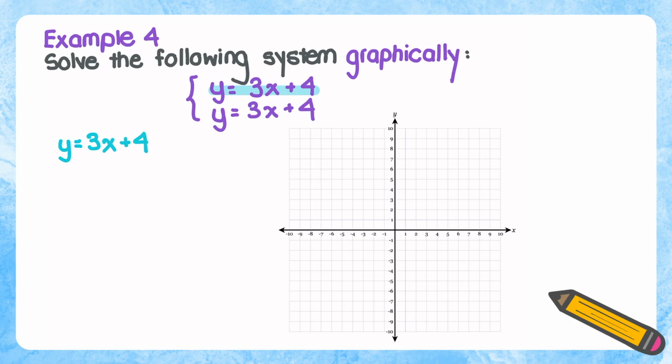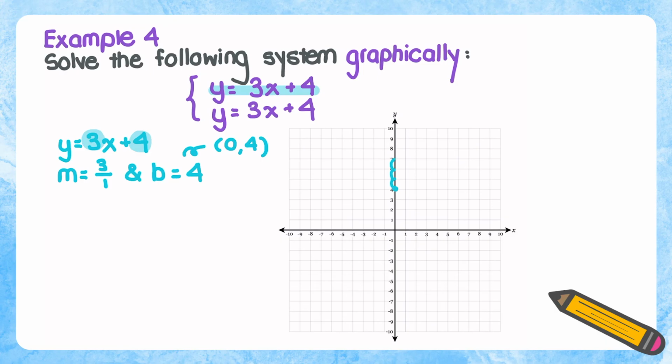So write it down. And here my slope is m equals 3, or m equals 3 over 1. And our b value is 4. So our y-intercept is at (0, 4).